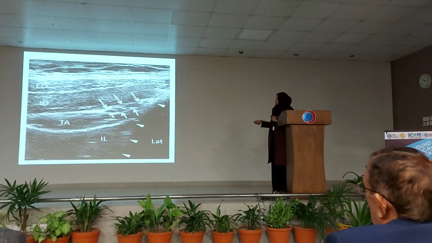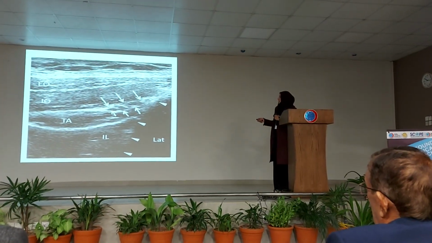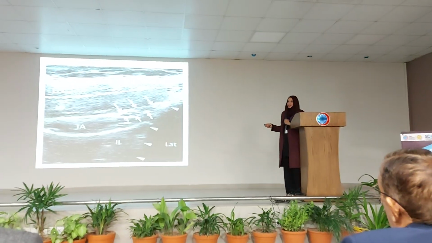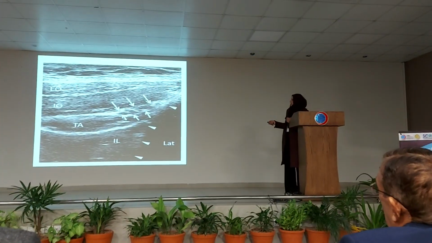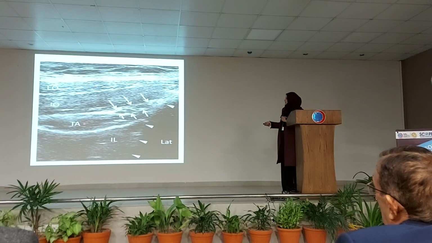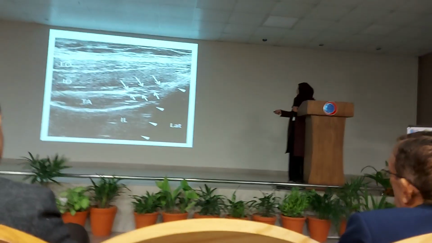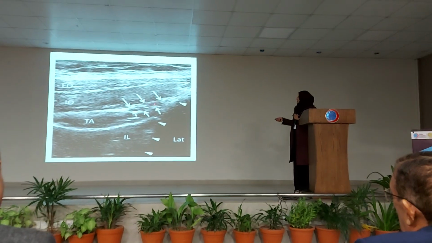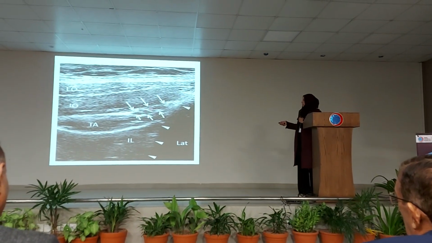On the ultrasound screen you will get a black and white picture, and you have to color it using your own aesthetics. Like this is external oblique, this is internal oblique, this is transverse abdominis muscle. These round structures are the ilioinguinal and iliohypogastric nerves.